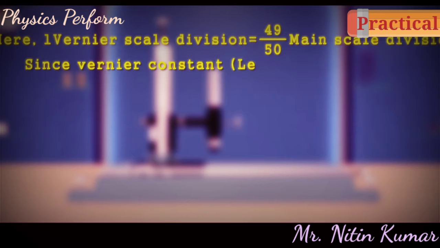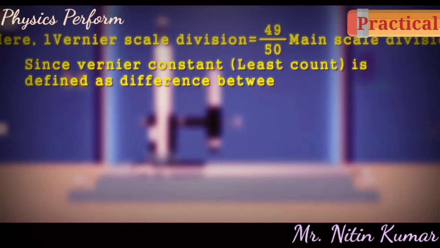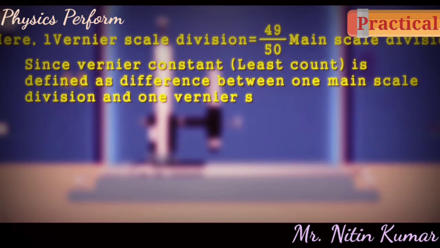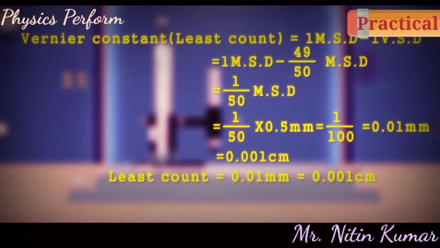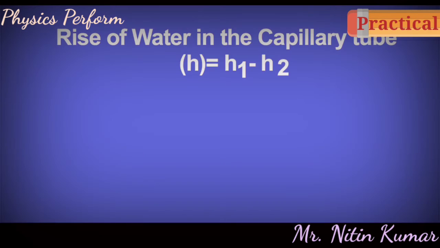Since the least count is defined as the difference between 1 main scale division and 1 vernier scale division, least count is equal to 1 main scale division minus 49 divided by 50 main scale divisions, that is equal to 1 divided by 50 main scale divisions. Least count is equal to 0.01 millimeters, that is 0.001 centimeters.